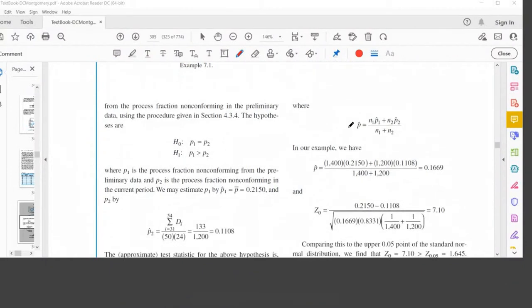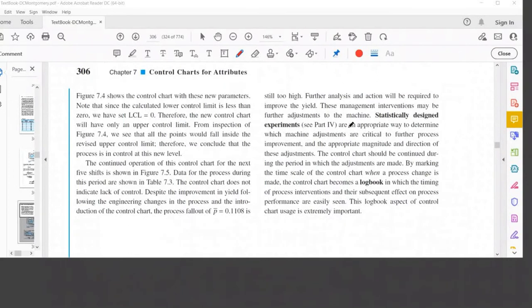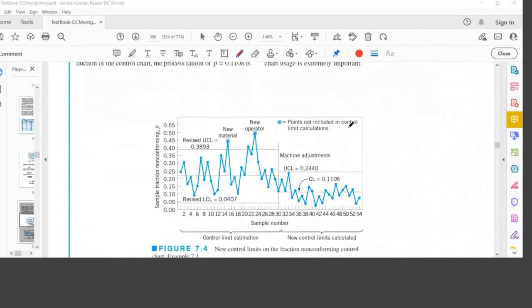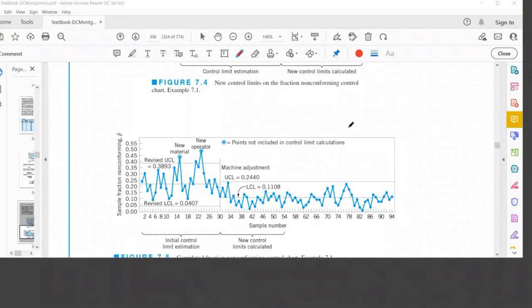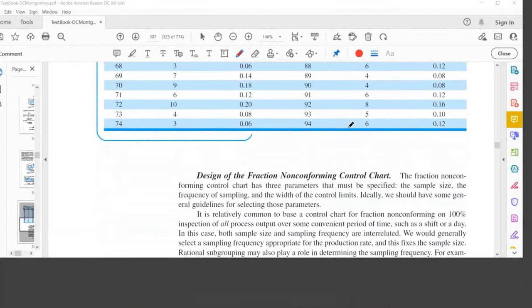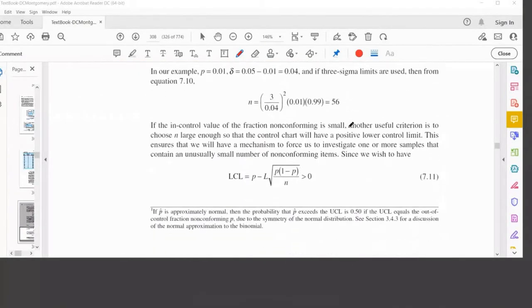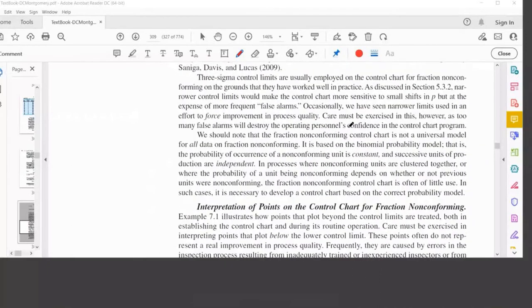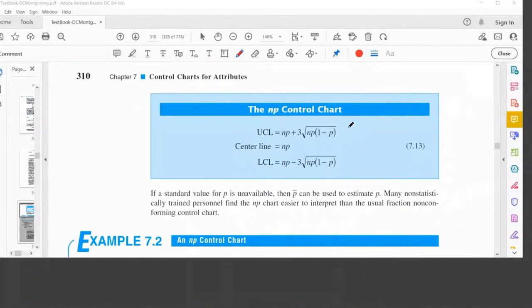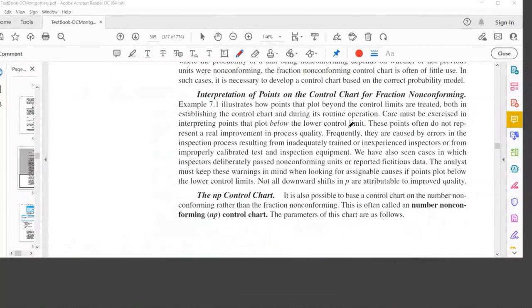Number of samples multiplied by proportion, we get the number of non-conforming. So this is what we call NP chart, which is number of non-conforming.